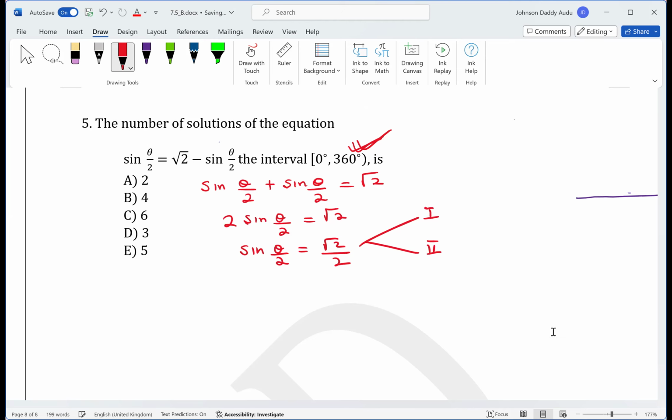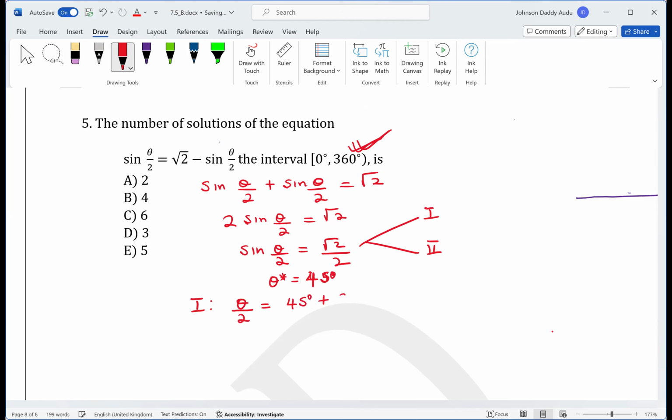Second quadrant. So if we are in the first quadrant, here we can get our reference angle. Our reference angle is just going to be pi over 4, which is 45 degrees. And now if we are in the first quadrant, theta over 2 is just going to be 45 degrees as well.